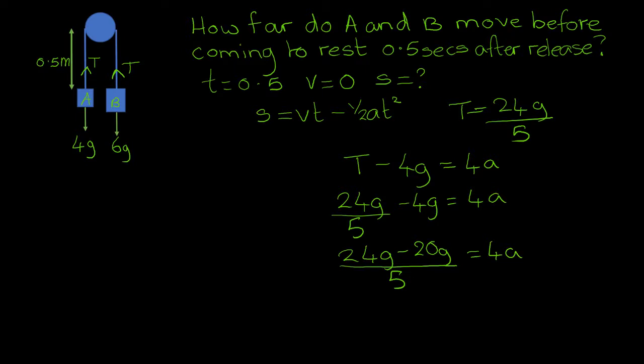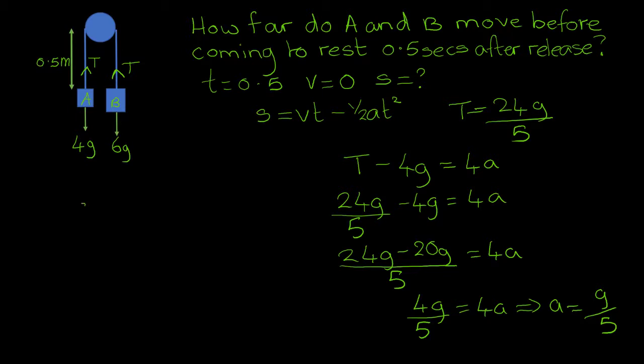And so that leads us to having 4G over 5 equals 4A, and so the acceleration must be G over 5. So now we can put that information in to find out how far they've moved.